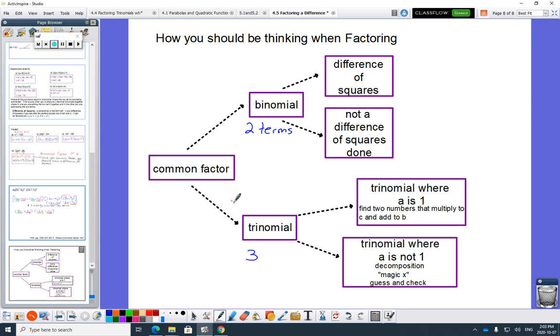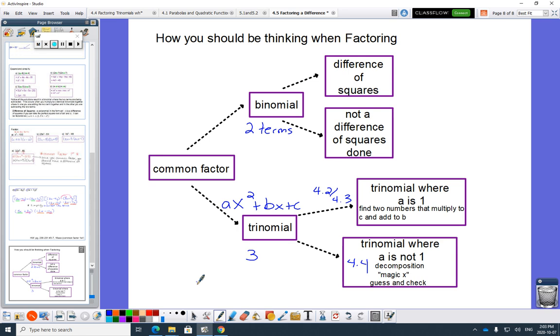And the trinomial we've been dealing with is standard form. We've been talking about standard form since chapter 3, okay? This is 4.4, what we did today, where A is not 1, so you can choose decomposition, magic X, or guess and check. When A is 1, that's what we did yesterday.